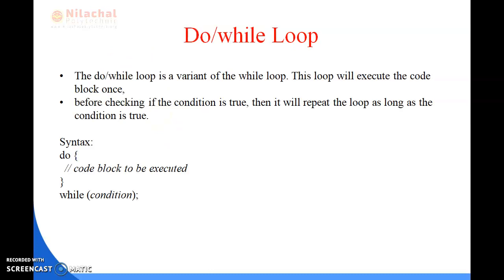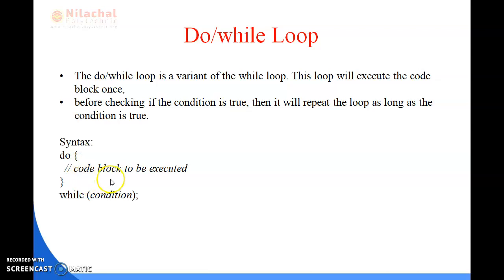Okay. Next is do while. The do while loop is a variant of the while loop. This loop will execute the code block once before checking if the condition is true, and then it will repeat the loop as long as the condition is true.